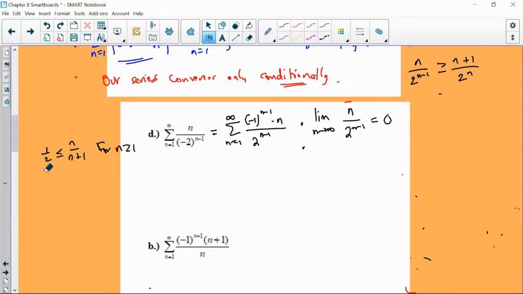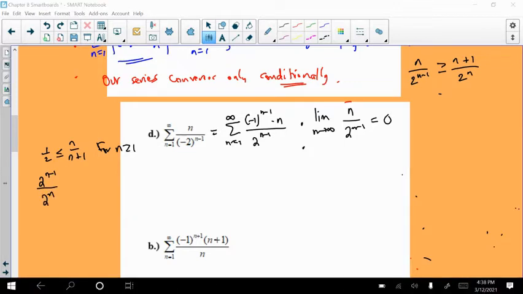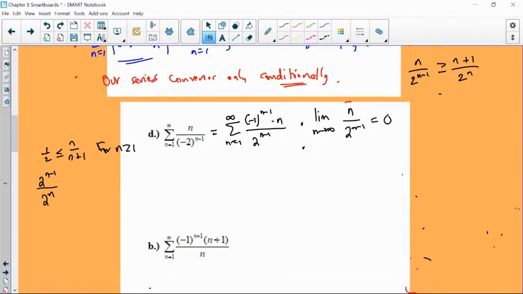So here's a fancy way to think about 1/2 and introduce this power of 2. Think of it as 2 to the n minus 1 over 2 to the n. That's a fancy way to write 1/2. And so that's still going to be less than or equal to n over n plus 1. Everything's positive here, so we can cross multiply. So n plus 1 times 2 to the n minus 1 is less than or equal to n times 2 to the n.